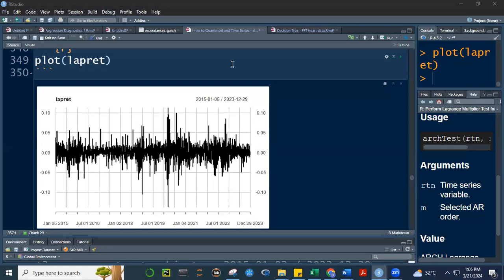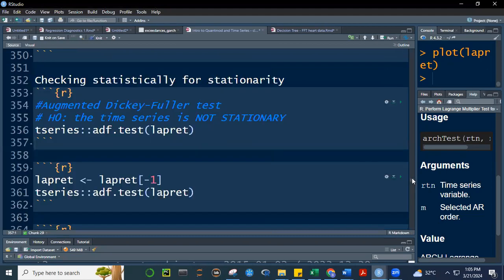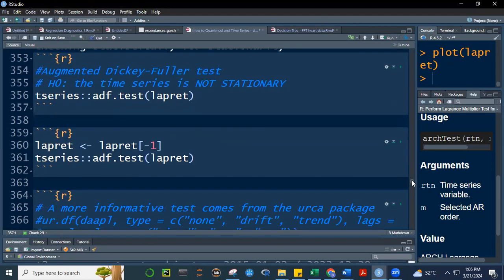But we said that there's a way to check this statistically, and what we did last time was to use, from the tseries package, the adf.test. So let me just review this. Let me run this again. Now I'm going to remove this.